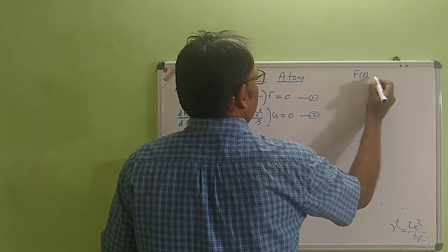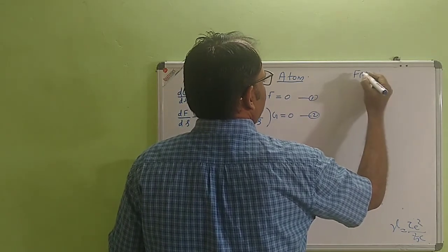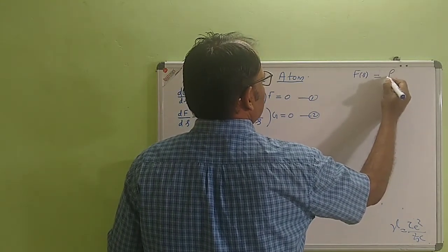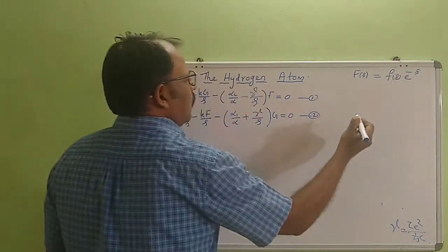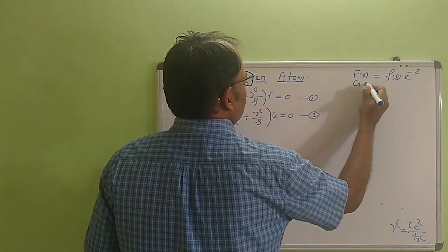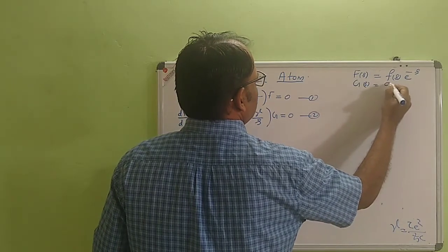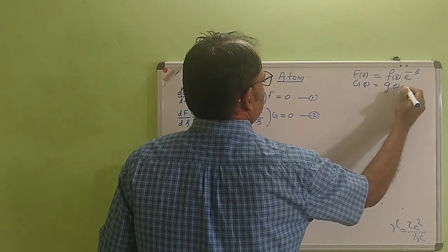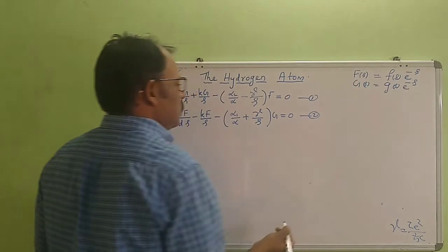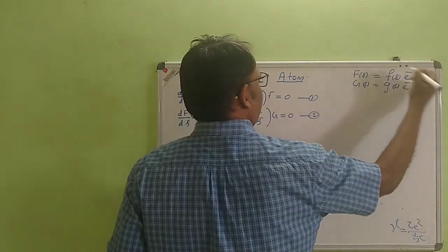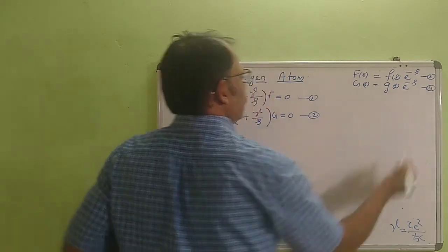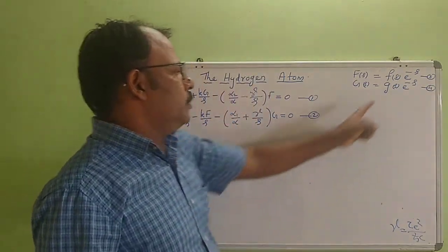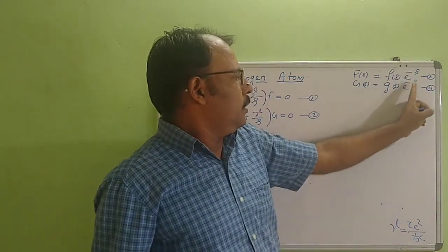We assume the solution as f(rho) e raised to minus rho, and g(rho) e raised to minus rho. So the solutions of f and g we are assuming as f(rho) e raised to minus rho and g(rho) e raised to minus rho.